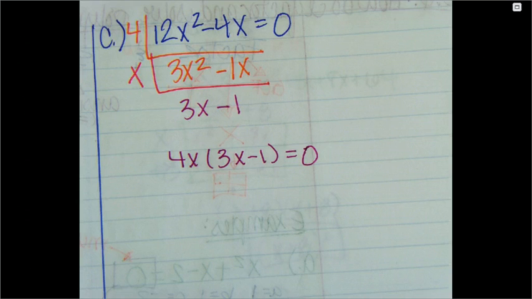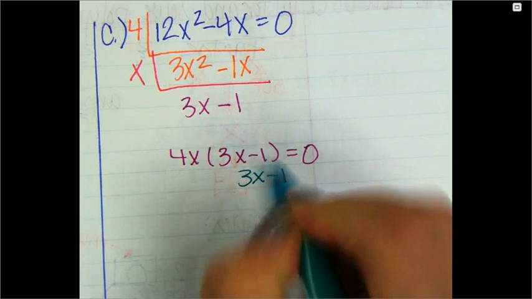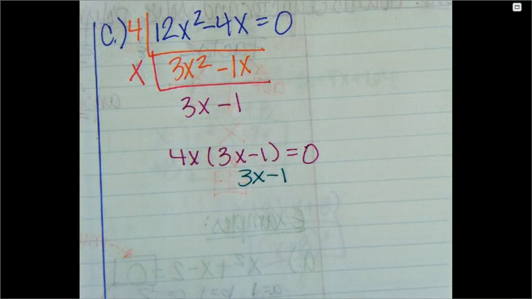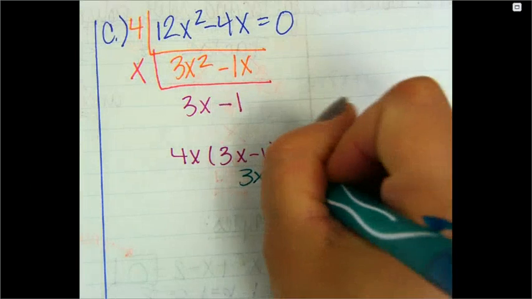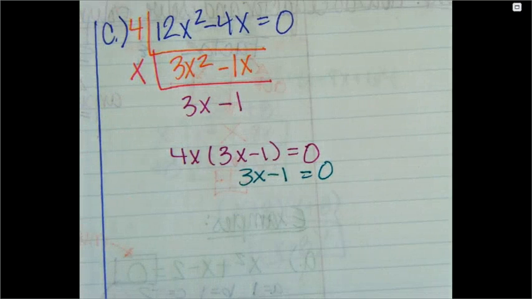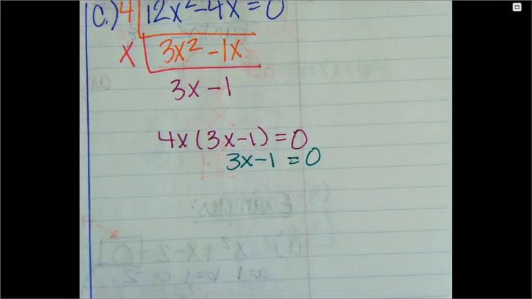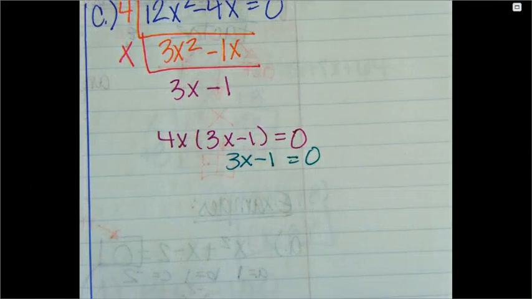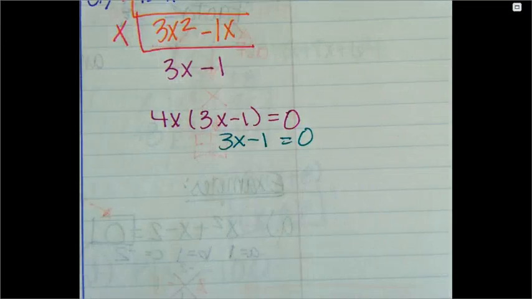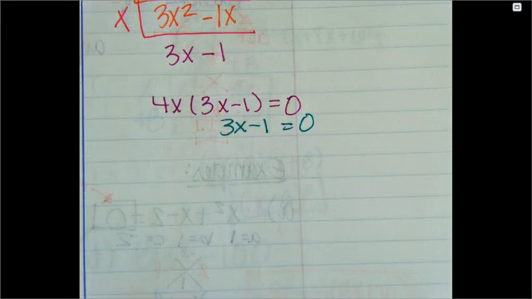Oh my, he can't read his writing, that's why. 3x what? Minus 1 is what? Equals 0. Pretty sure on the other side I did what with it? Remember me covering? Do you remember? There was a reason. So there's one of them.